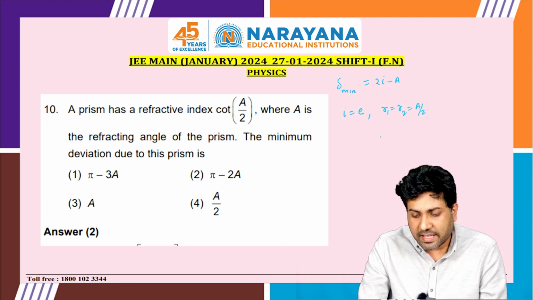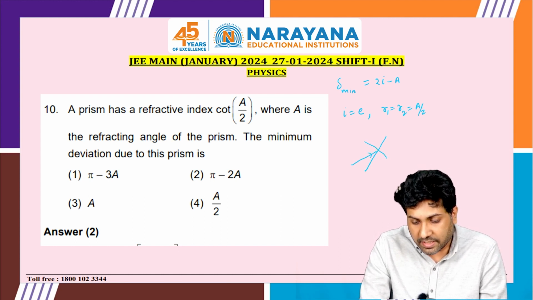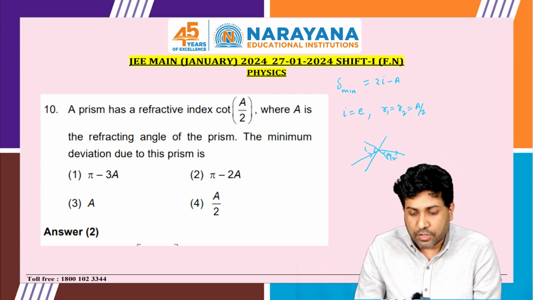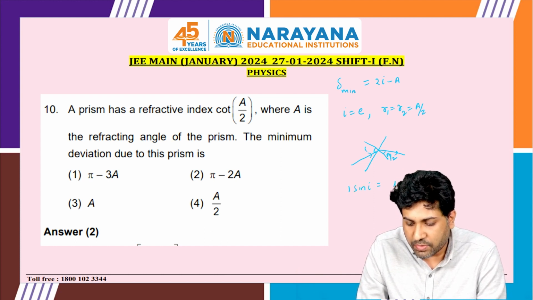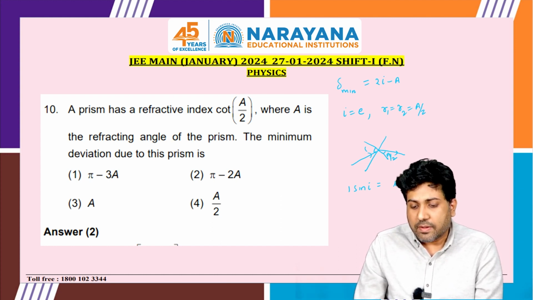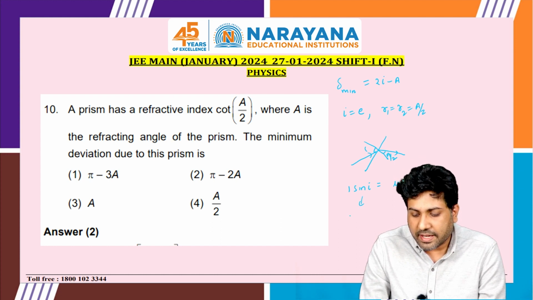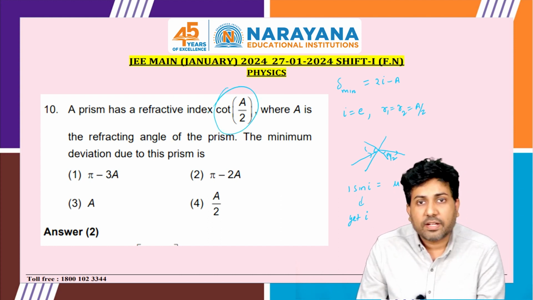If I apply Snell's law on the first interface, this is i, and the angle of refraction here will be A by 2. So 1 into sine i should be equal to mu into sine A by 2. From here we can get the value of i, and mu is given as cot A by 2.